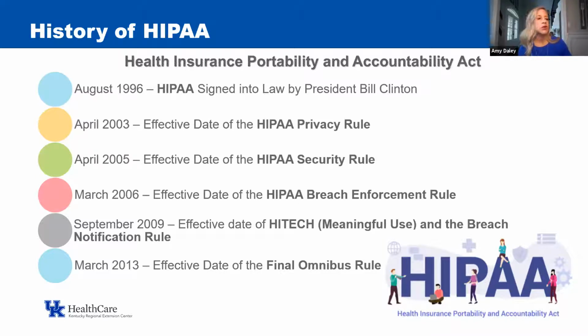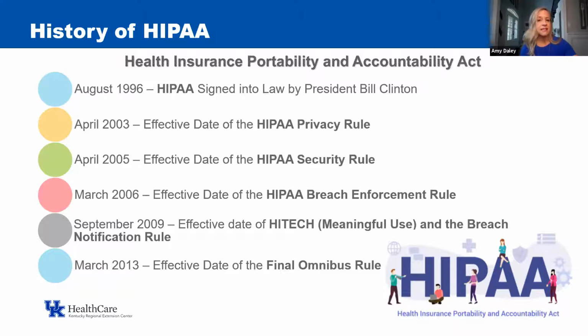This act was created to improve the portability and accountability of health insurance coverage for employees and for patients. Other objectives of the act were to combat waste, fraud, and abuse in health insurance and healthcare delivery. That set the precedents, starting us off with HIPAA.